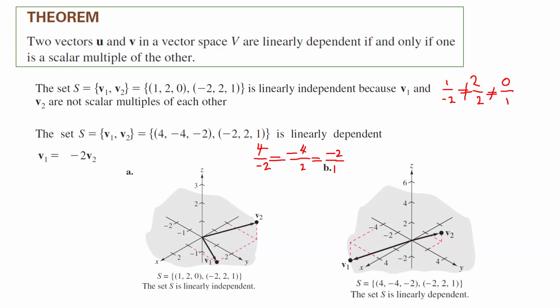So here you have these two vectors, right? They are not in the same direction. They are not located on one line, but these vectors are all on the same line in the opposite direction. So they are linearly dependent. These are linearly independent. We can basically go back and find C sub 1, C sub 2, and then find those linear combinations and show that for the first one, all of those C sub i's are equal to 0. For these, you can find C sub i's that are non-zero.